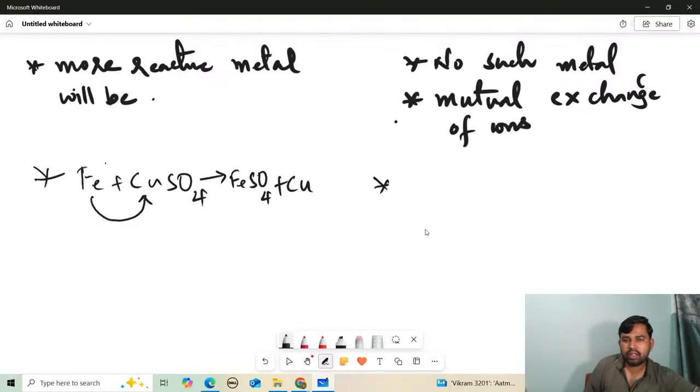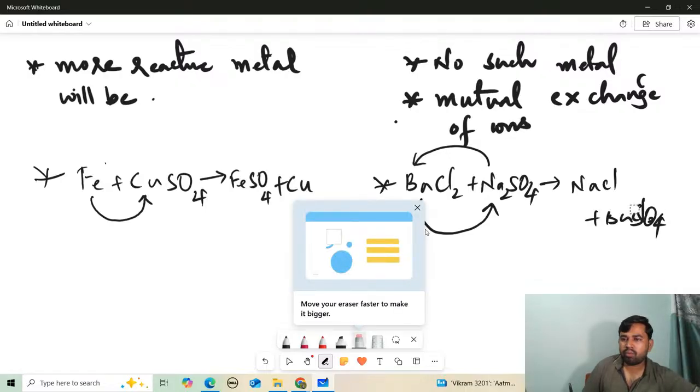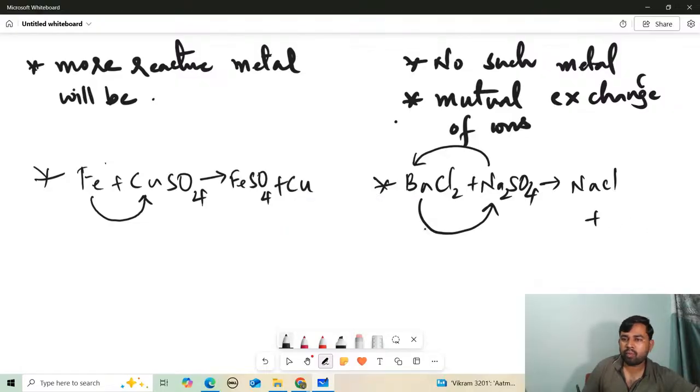But if I take barium chloride plus sodium sulfate, two salts are taken and both are exchanging. Then NaCl plus barium sulfate will form.